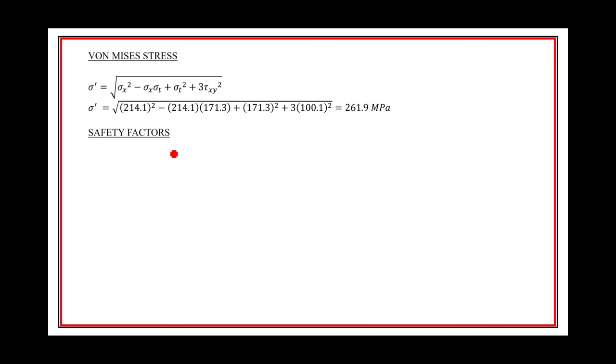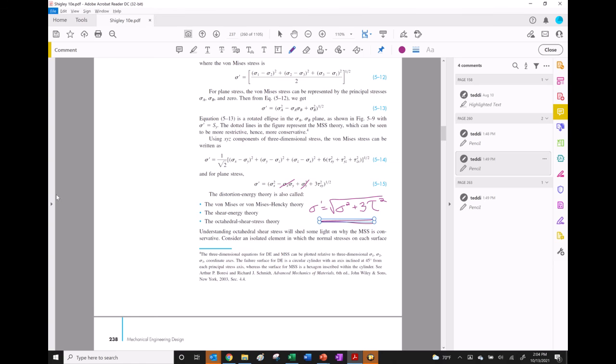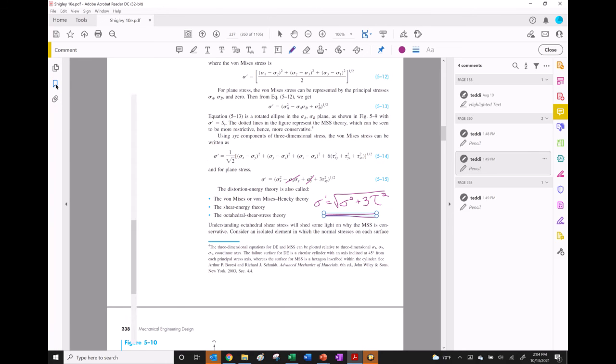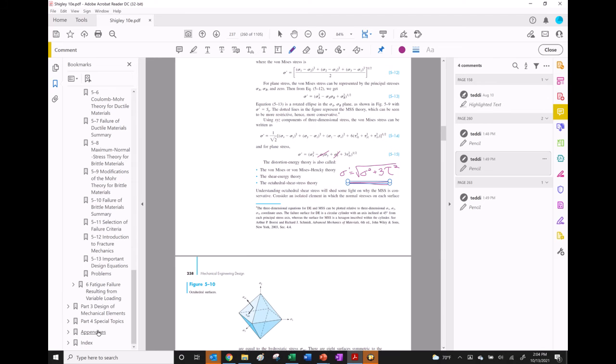And for the safety factors now that we would get, I want to get the material properties. Sometimes I do this in the very beginning, but we need to use the annealed, so a different table. So I use table A22 this time. Let's look in Shigley here. Okay, so we'll go to the material properties over here in the appendix.